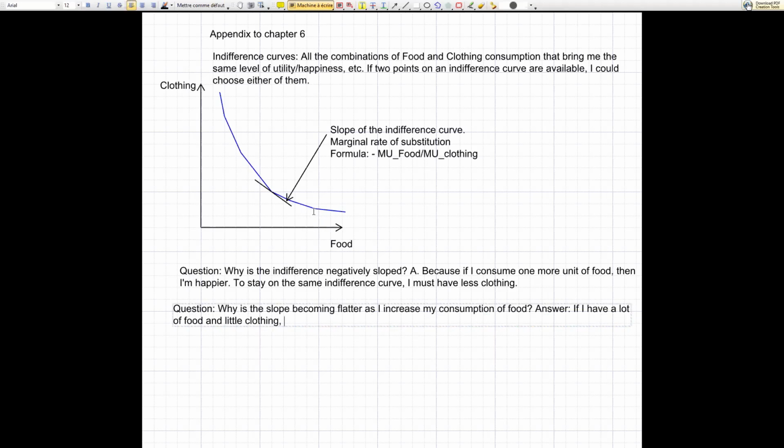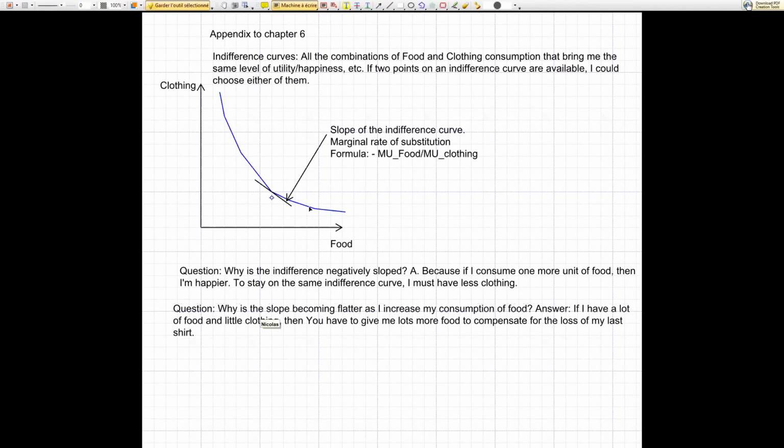If I'm in this portion of the curve, where I have lots of food and a low level of clothing, then you have to give me lots more food to compensate for the loss of my last shirt. So that's what it means.